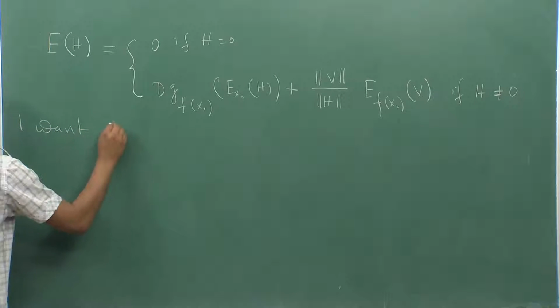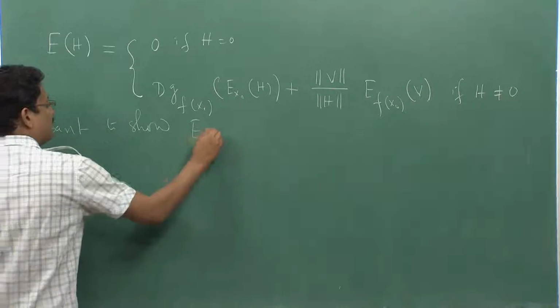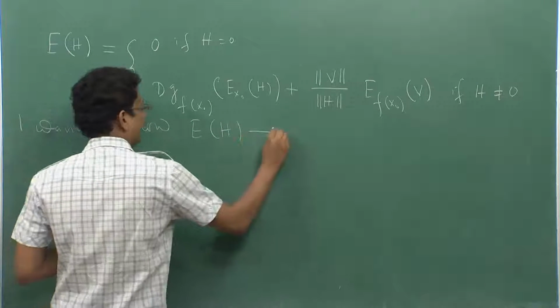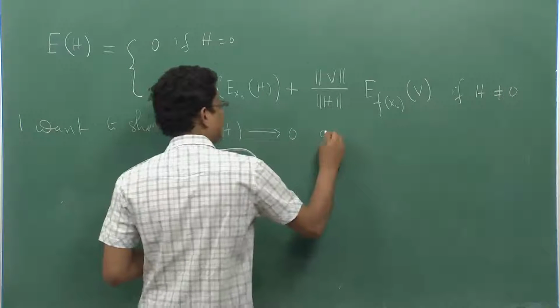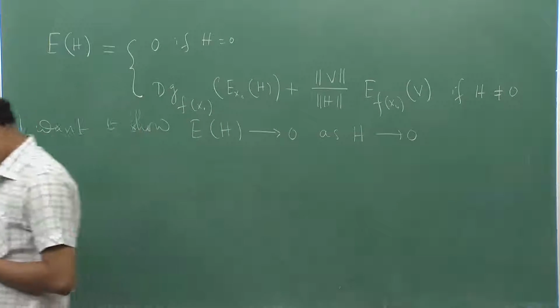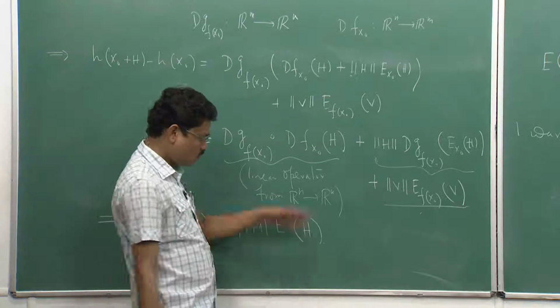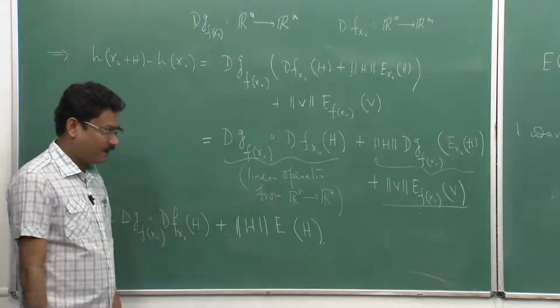I want to show E of h goes to 0 as h goes to 0. Why so? If I achieve this, then I get two answers simultaneously.